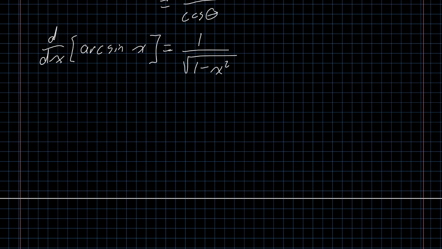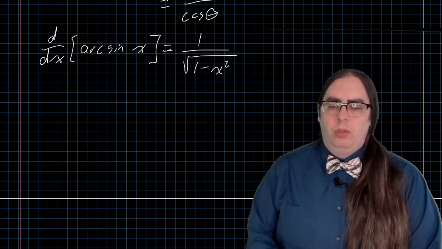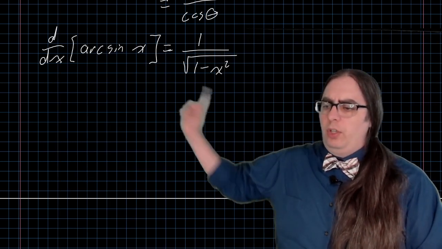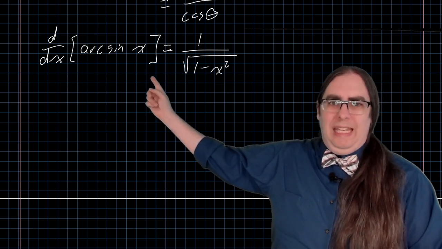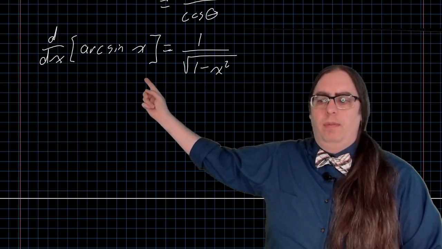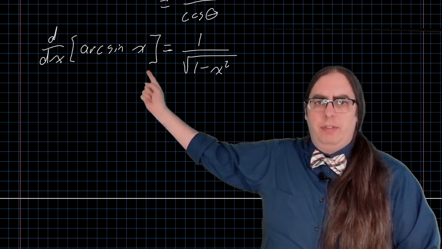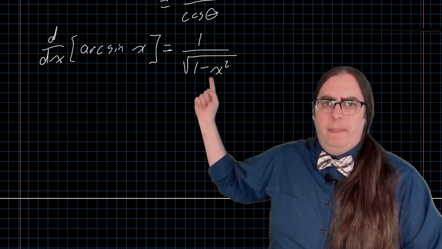Right. I hope that when you're looking at that, you're thinking that seems a little bit weird. I started with inverse trigonometry. And if I want to take the derivative of an inverse trigonometric function, I get a radical.